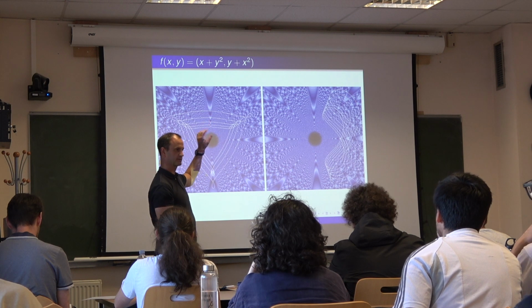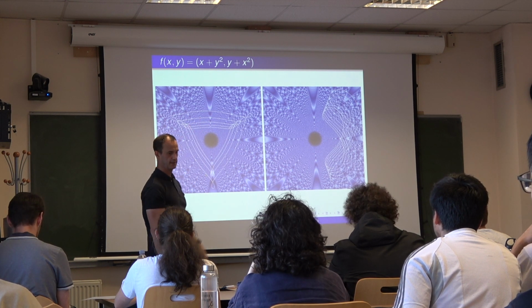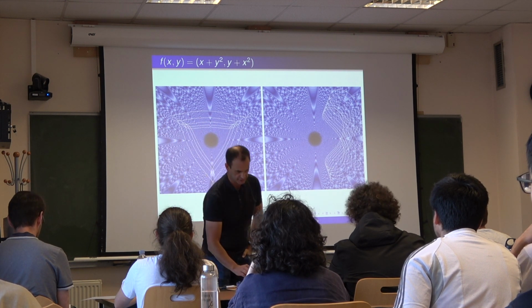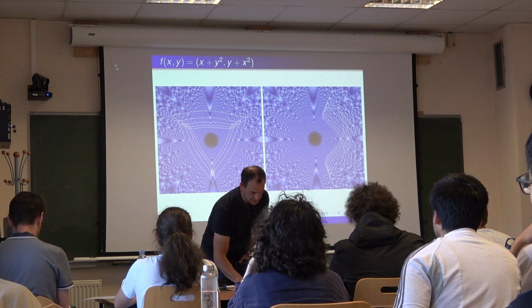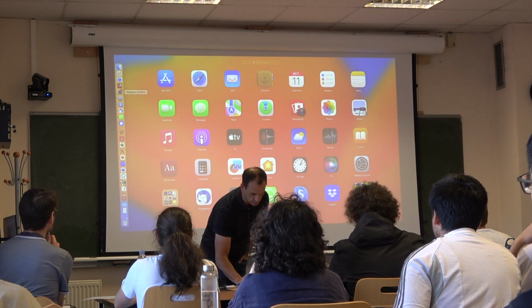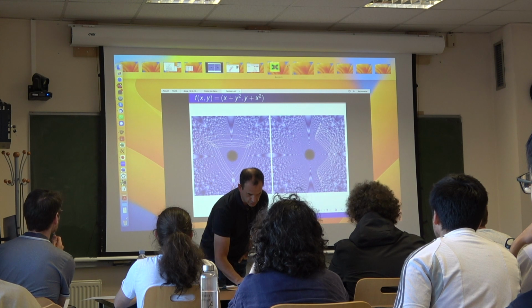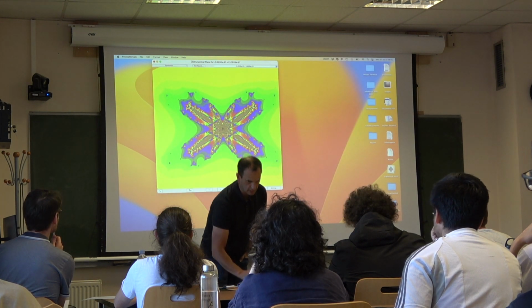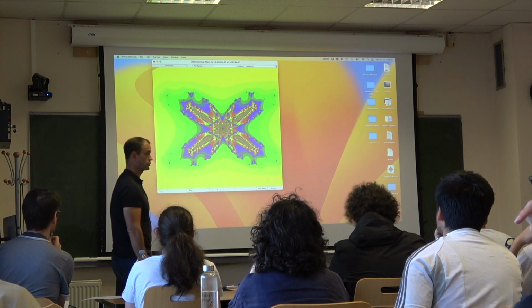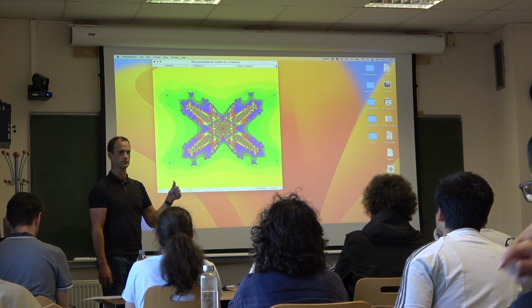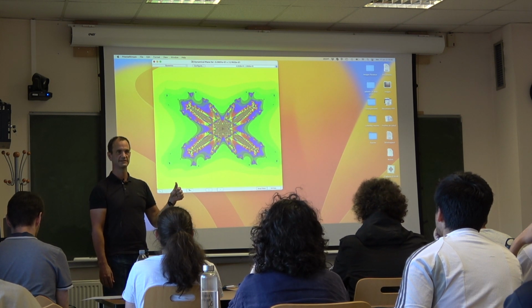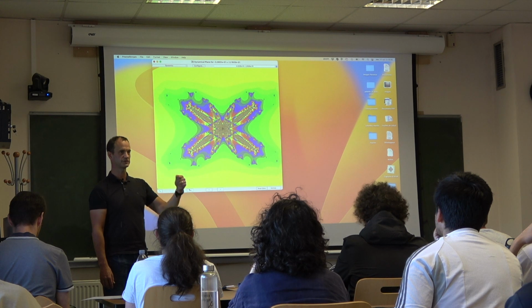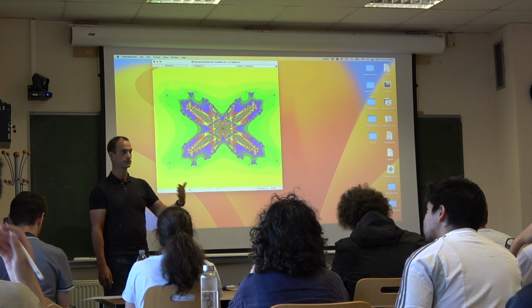The map things are very easy, but when we start iterating the map, so let me see if I have a software somewhere to do that. Okay, so first if I want to draw a picture, what I can do is to start with an initial point in C2 and to iterate the point and ask about the long-term behavior.